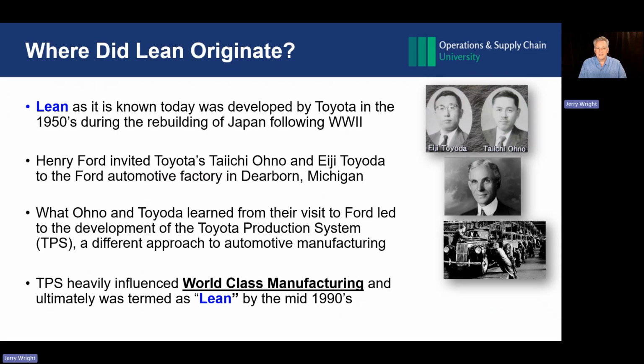Now, Toyota is heavily influenced and created what we'd call world-class manufacturing. Ultimately, world-class manufacturing became termed as lean by about the mid-1990s. And again, Toyota has been considered the leader in doing world-class manufacturing and what we now call lean for 75 years or more, very long time.